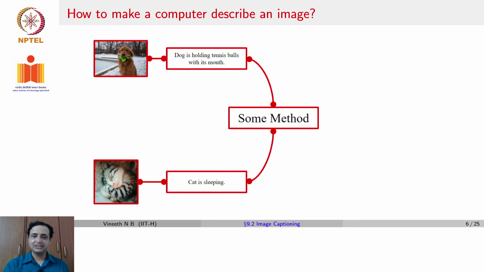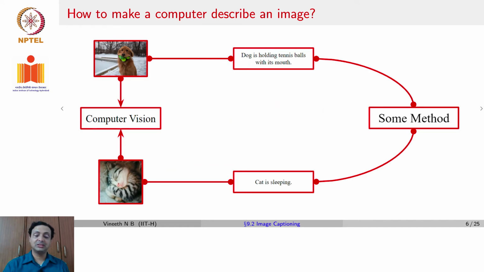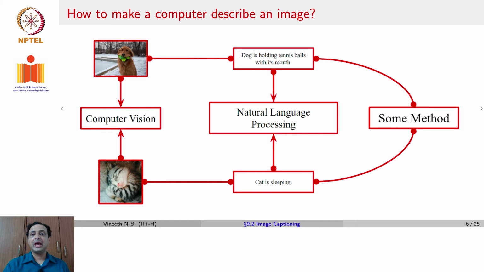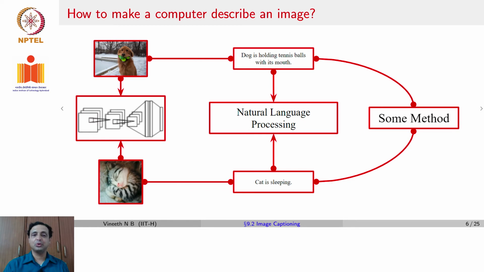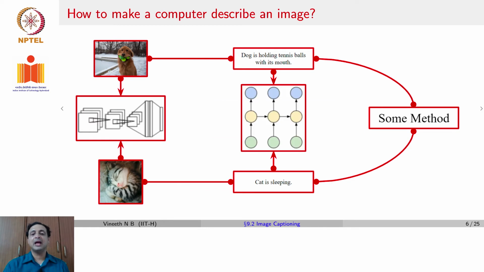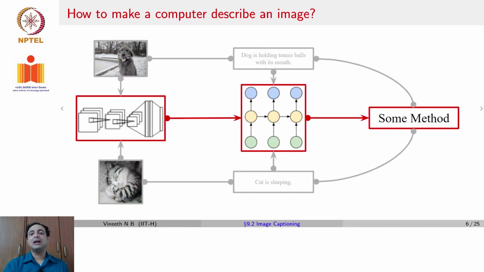We look at the images and use vision-based deep learning models. We look at the text and use NLP-based deep learning models, which would be RNNs in this case. So the computer vision part would be replaced by CNNs. The NLP part would be replaced by RNNs, and you combine them to get your final output as the caption.